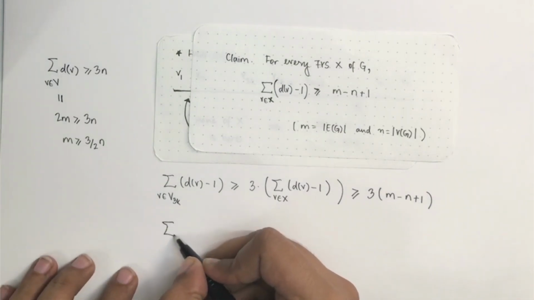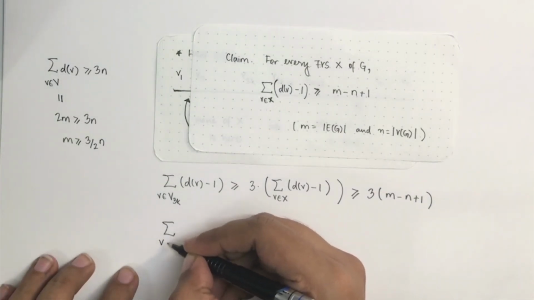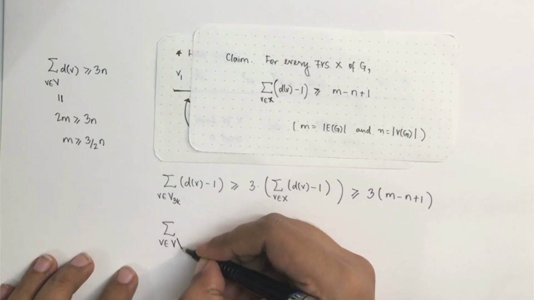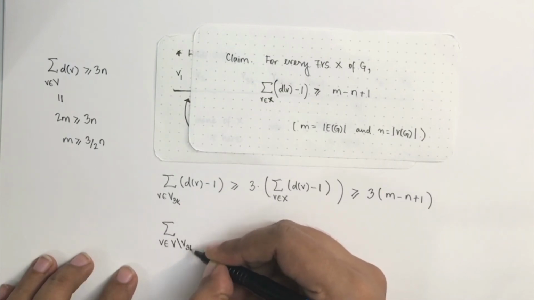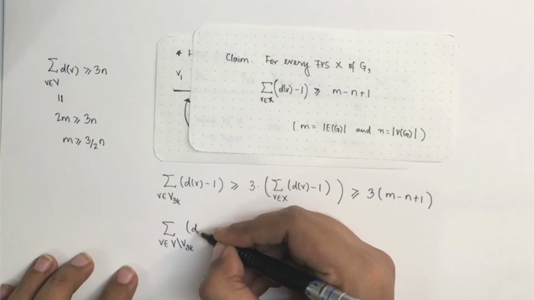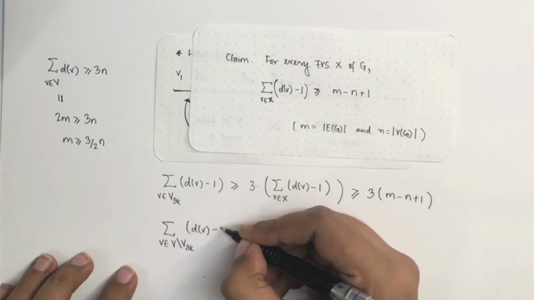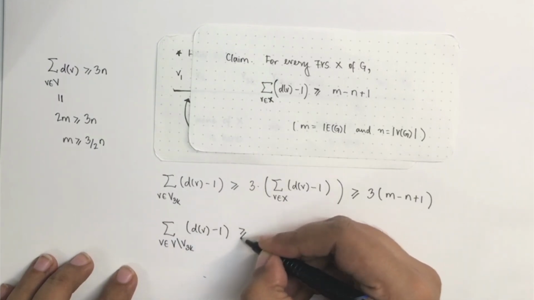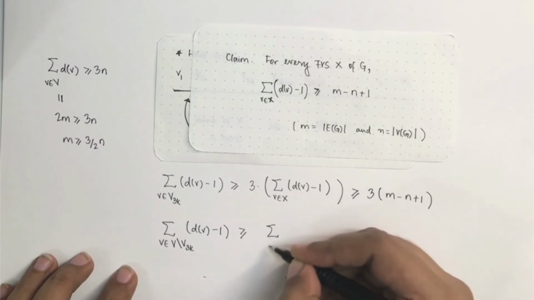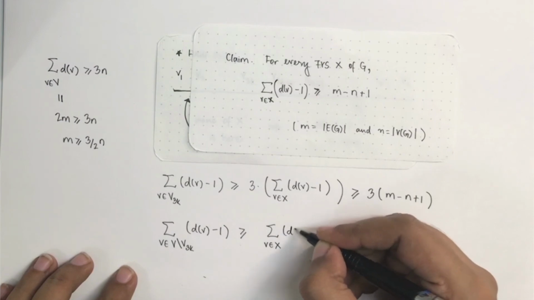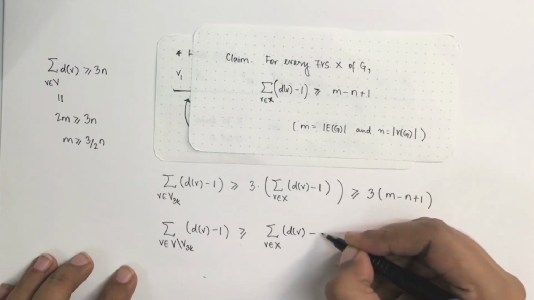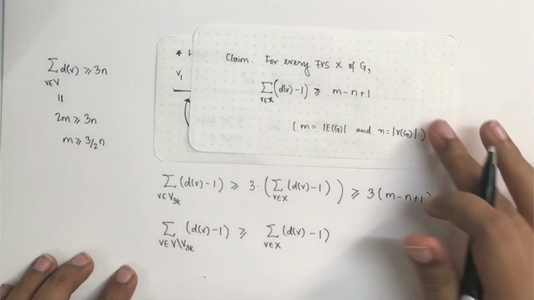Let's consider the remaining vertices now, so v in V minus V_3k. Now I'm able to say that this is at least the sum over v in X of d(v) minus 1, for an even simpler reason than before.